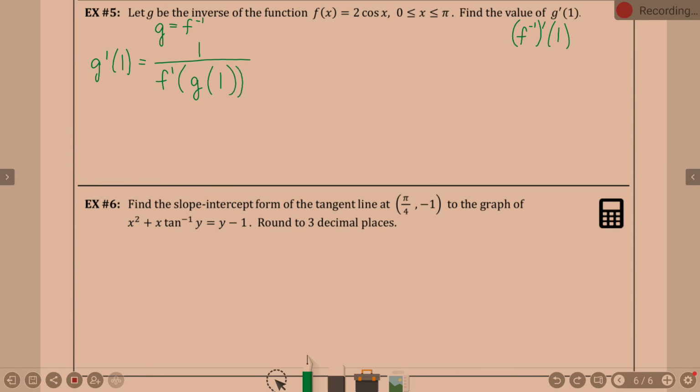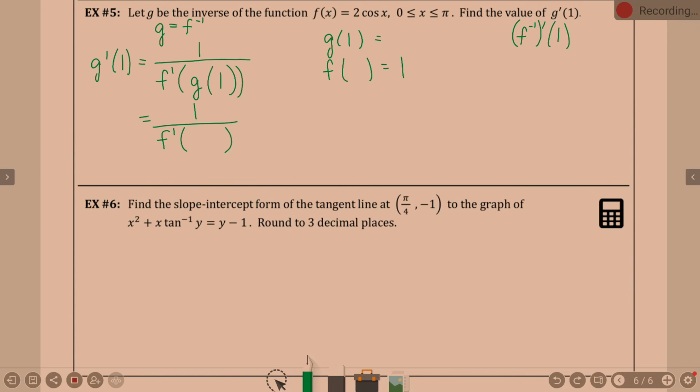G of 1. Okay, so this is where my brain says if I need to find g of 1, then I'm looking for f of what equals 1, right? Because g and f are inverses. So if I need to find g of 1, I need f of what is 1.